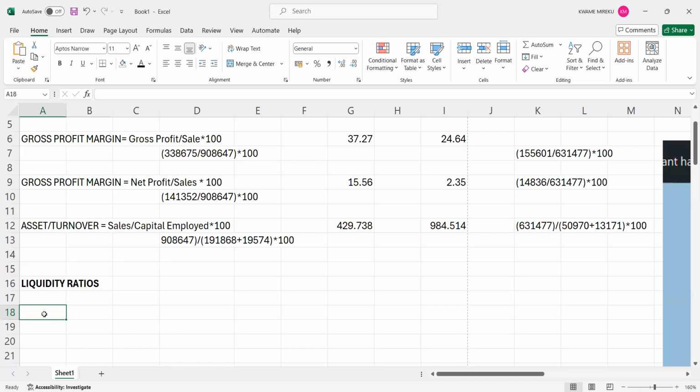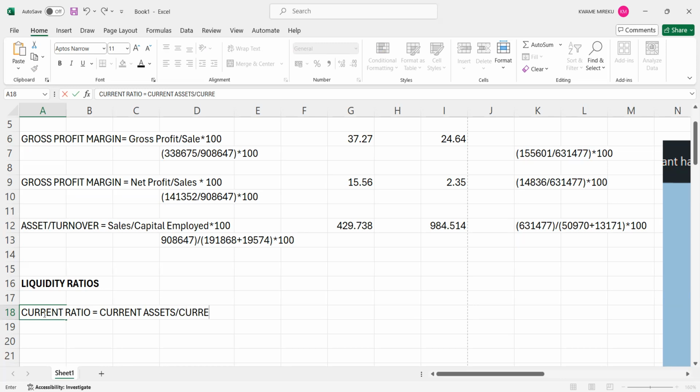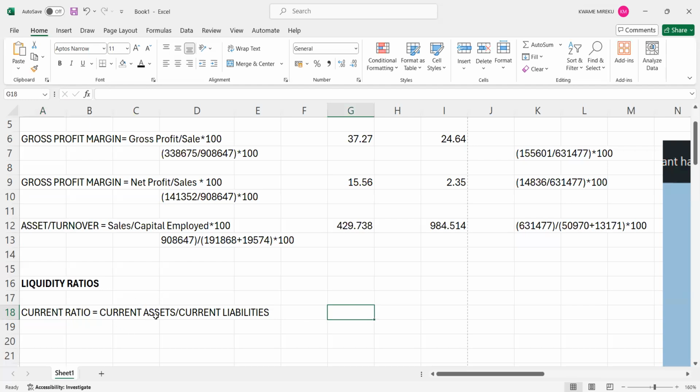The first one is the current ratio, which looks at your current assets over your current liabilities. As we went through in the financial statements the other time, current assets are the resources that will give you benefits within one accounting period, while current liabilities are debts you need to pay within one accounting period. And these are balance sheet items.